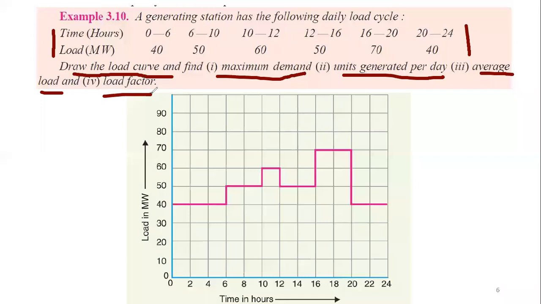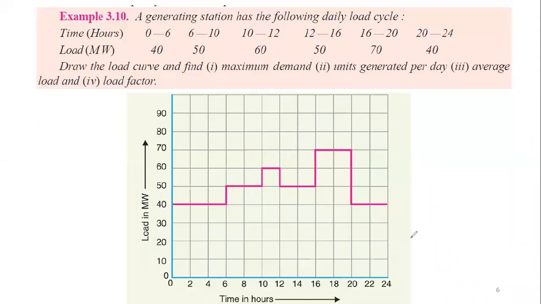First things first, we need to draw the load curve. The given intervals are 0 to 6, that means starting from night 12, which we are considering as 0. 6 means 6 a.m. in the morning, and then 6 to 10, 10 to 12, 12 to 16, 16 to 20, and finally 20 to 24 at night.